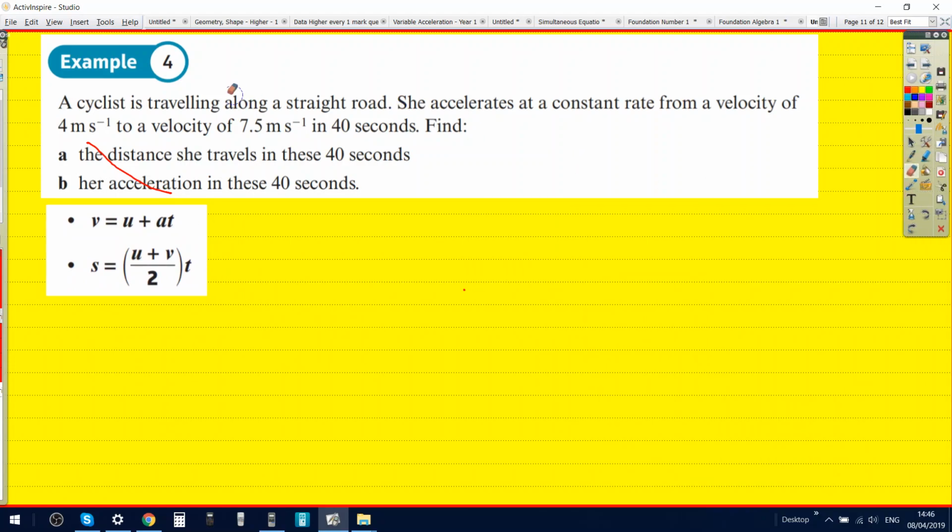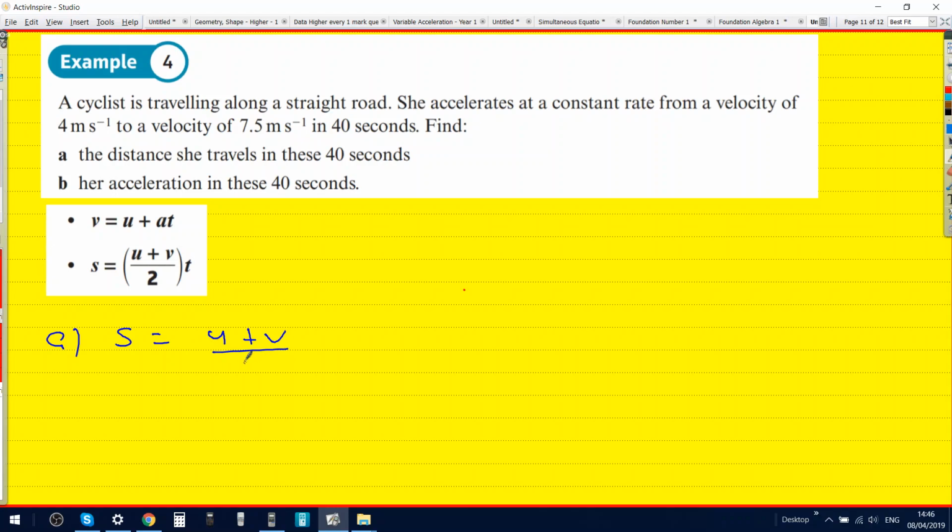So we'd use s equals (u plus v) over 2 times t. Initial velocity. And that's just another way of writing a half a plus b times h. Yeah.